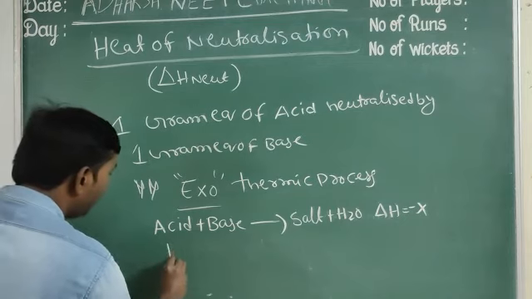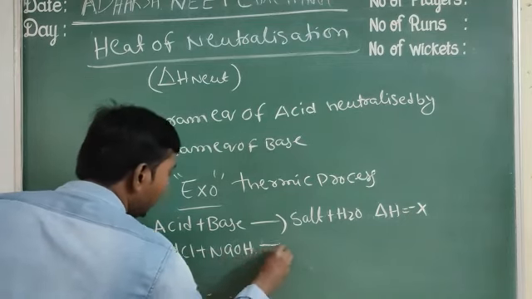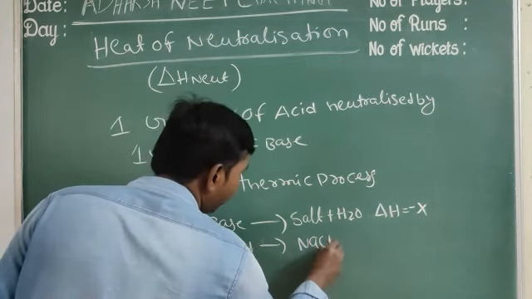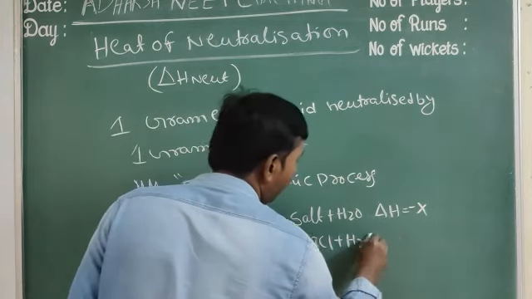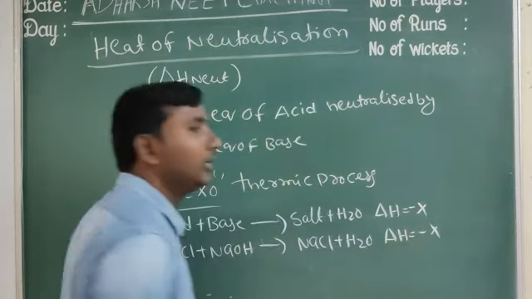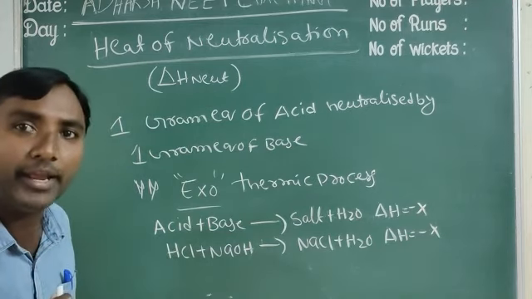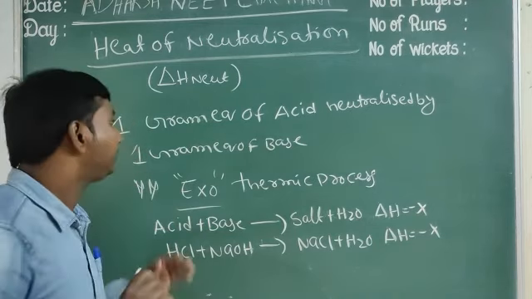For example, HCl plus NaOH gives rise to salt, NaCl, plus water. So del H equal to minus X kilojoules per equivalent or kilocalories per equivalent, heat energy released.